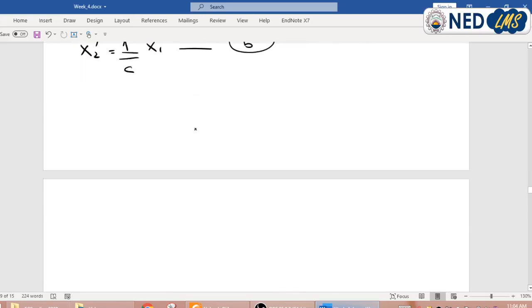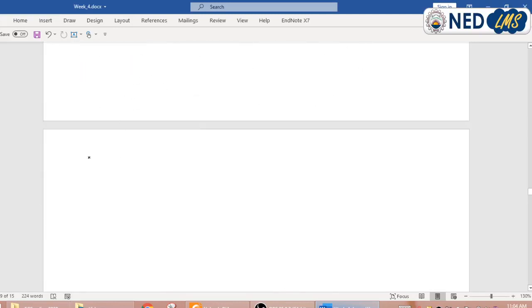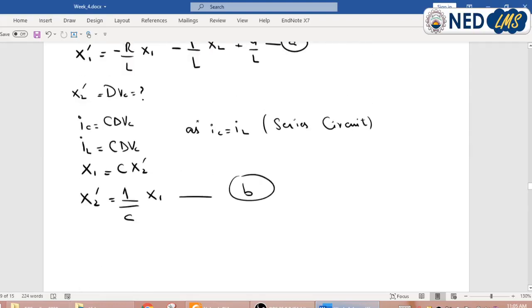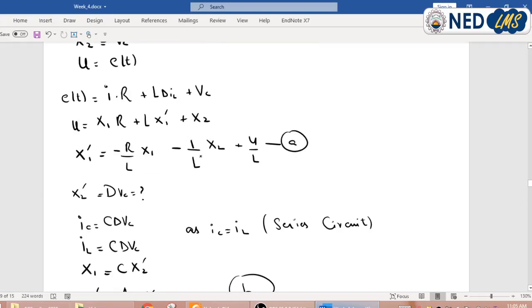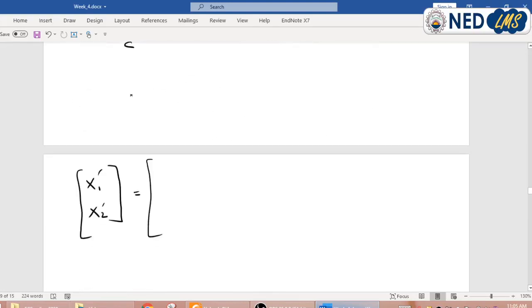So I can write the state space model here. My x1 dash, x2 dash: x1 dash is equal to minus R by L x1 minus 1 by L x2 plus U over L. So it will be minus R over L, minus 1 over L x2.